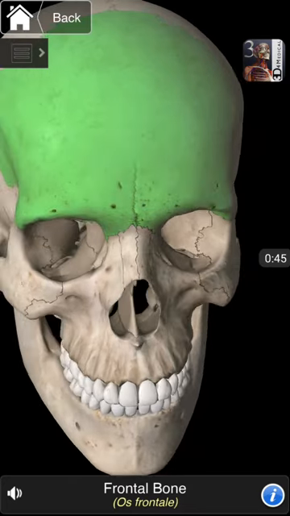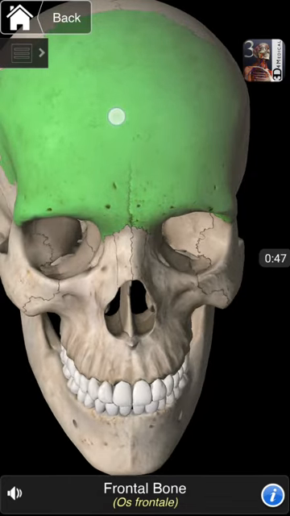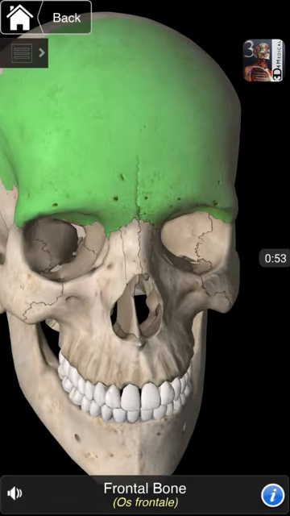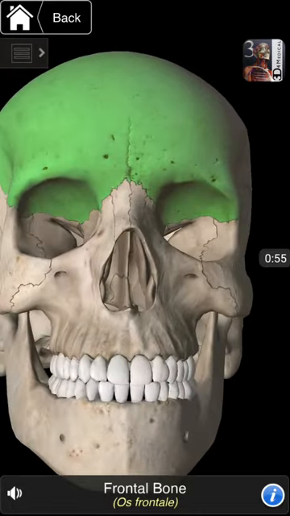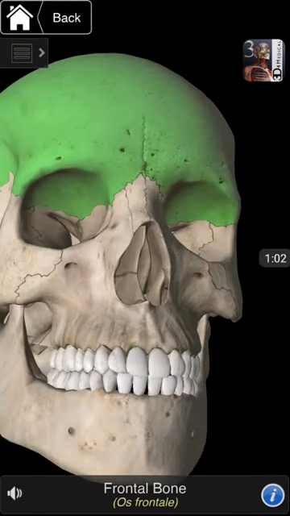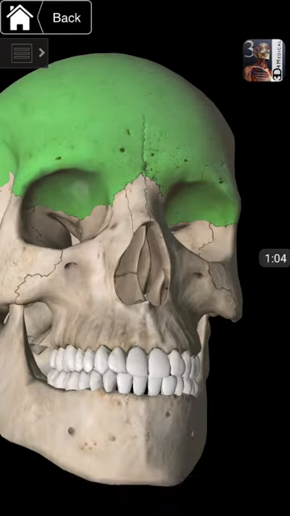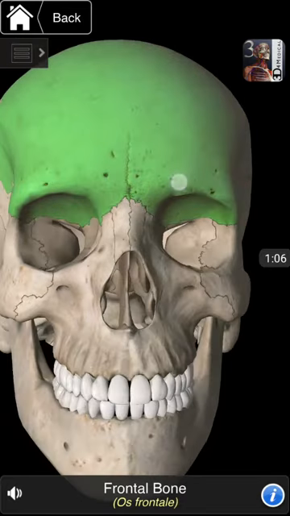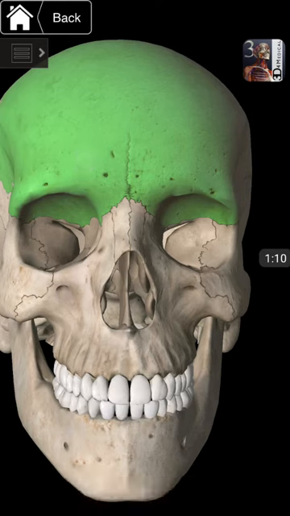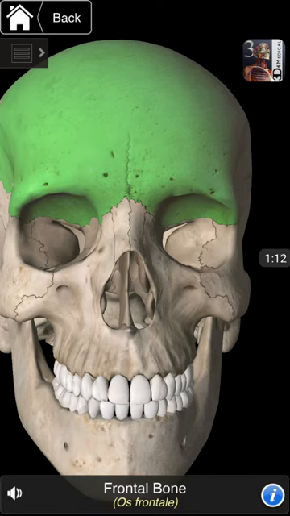The forehead is the vertical part of the frontal bone, whereas in the orbit it forms the roof of the orbit. Just above this roof we have the anterior cranial fossa, and its horizontal plate forms the floor of the anterior cranial fossa.